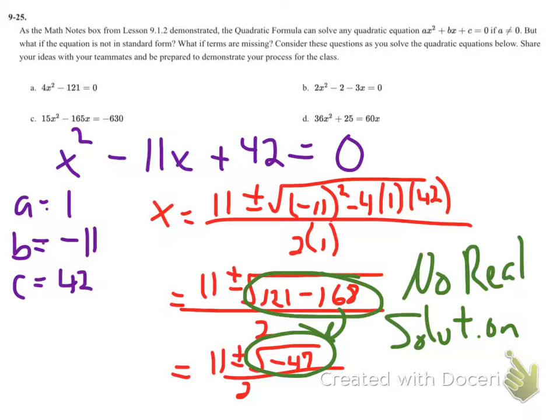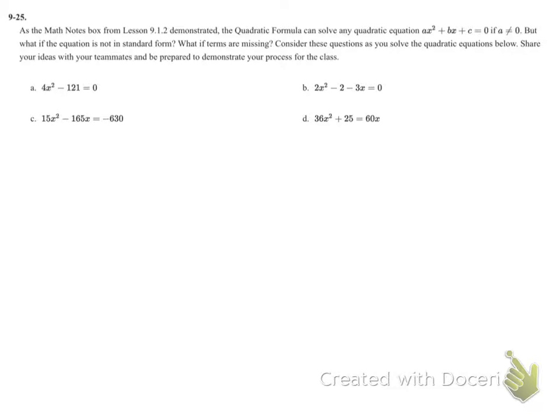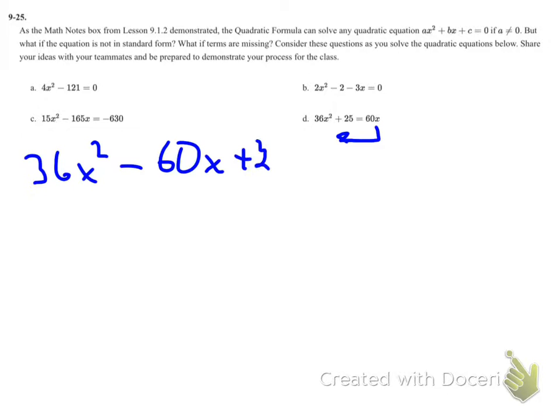So problem D. Again, it's not equal to 0, so I need to go through and move by subtracting 60x from both sides. So I have 36x squared. I'm going to order it by x squared term and then my x term, so minus 60x and plus 25 equals 0.